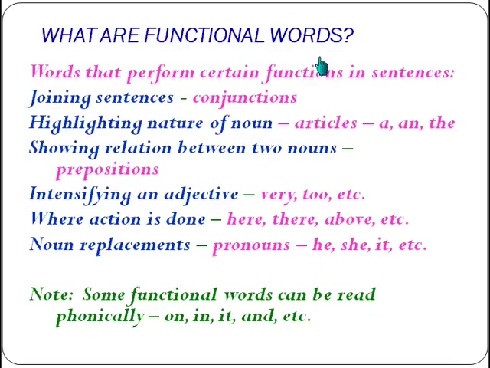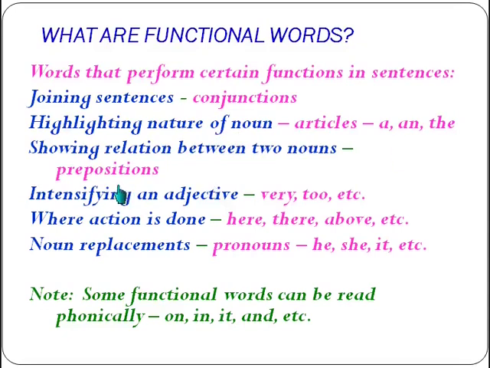What are functional words? Words that perform certain functions in sentences are called functional words. For example, we use conjunctions to join sentences. We use articles to know the nature of the noun, a and the.